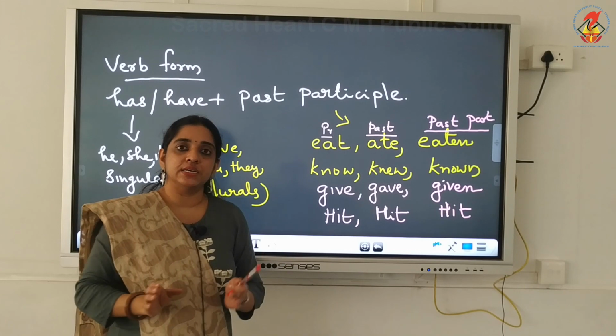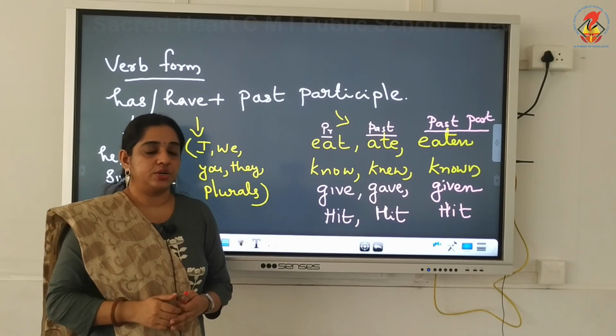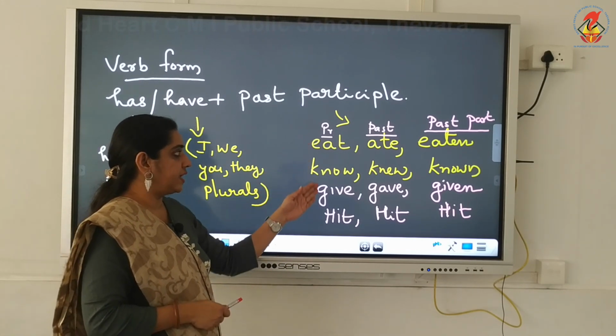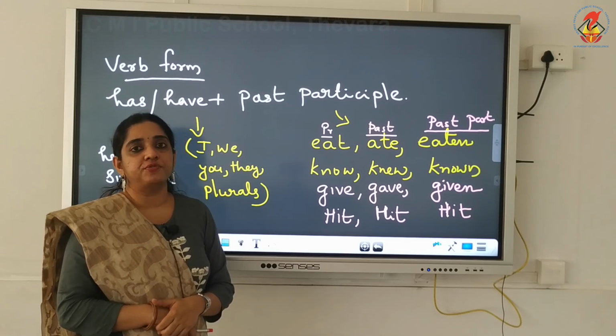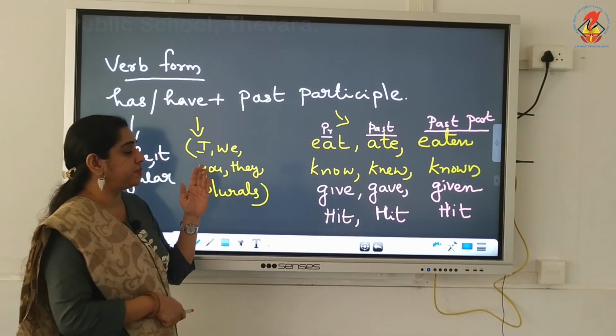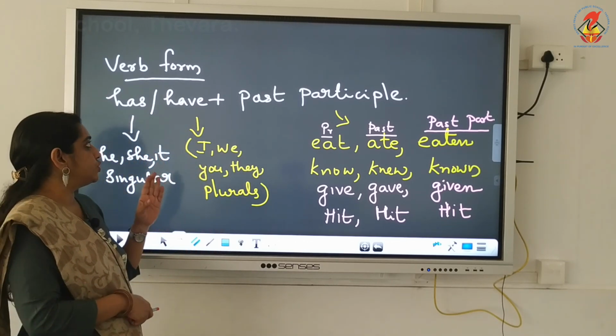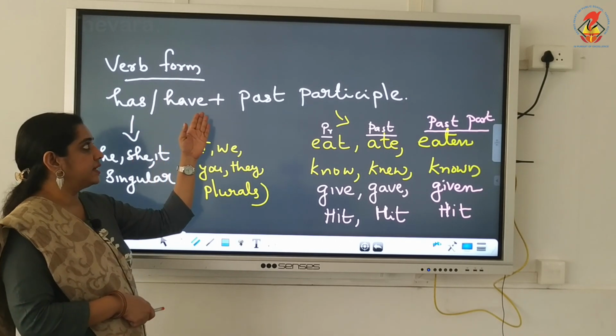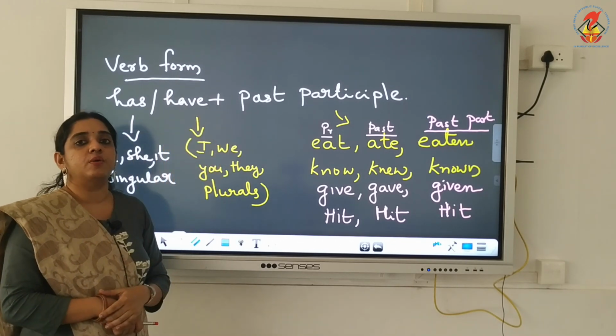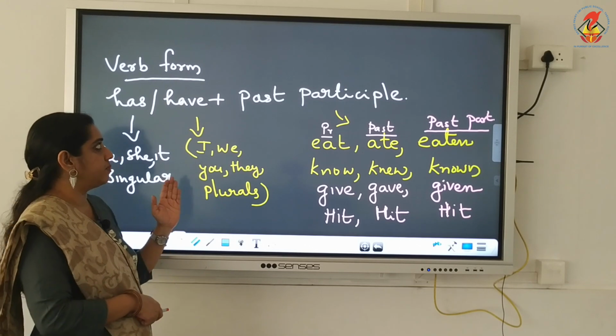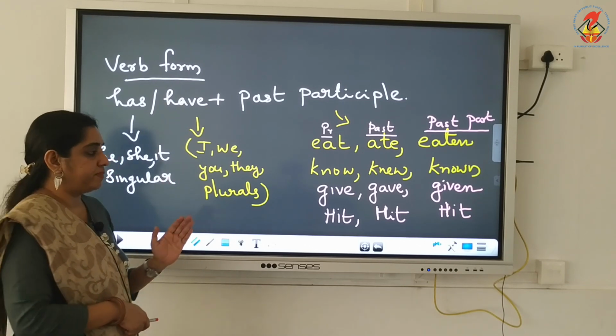Hit, hit, hit, put, put, put. Okay. So, these are some examples of the past participle form of the verb. So, in present perfect tense, you should use only has or have plus past participle form of the verb. This is the verb form of present perfect.